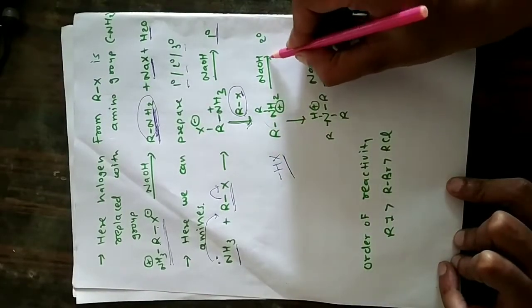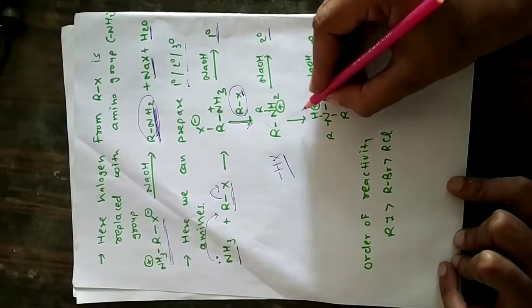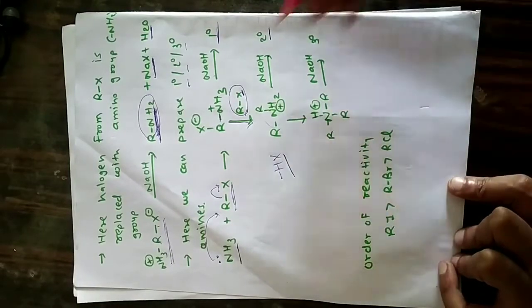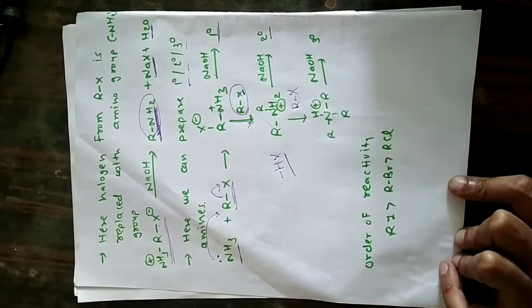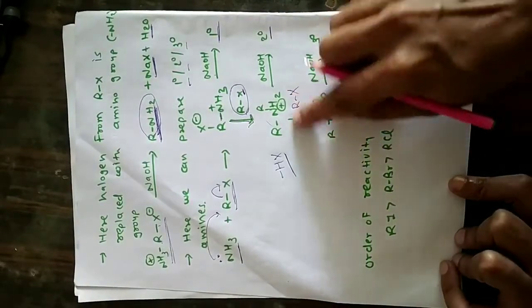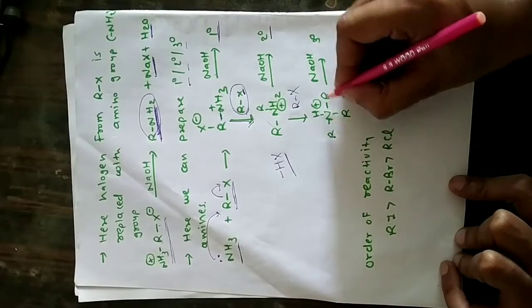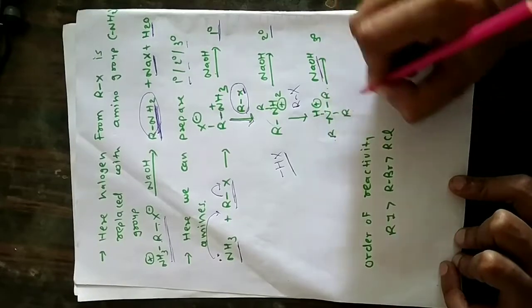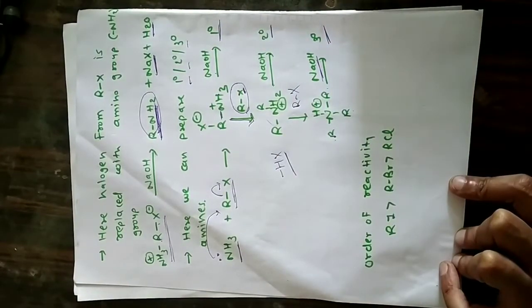When it reacts with NaOH, it gives us 2 degree amine. Similarly, if I want to prepare 3 degree amine, then add another molecule of alkyl halide. It gives this positive ion, this ammonium salt. You can see 3 alkyl groups are attached. When it reacts with NaOH, similarly, it gives us 3 degree amine.